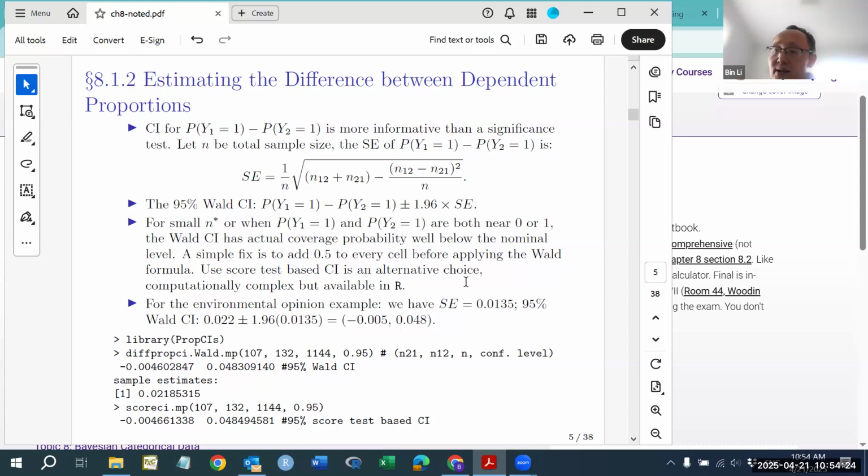But the confidence interval can also give you more, because sometimes, as I said several times before, the researcher is more interested in the practical significance than the statistical significance, right? So if we have a confidence interval, that also can tell us if there is a practical significance or not.